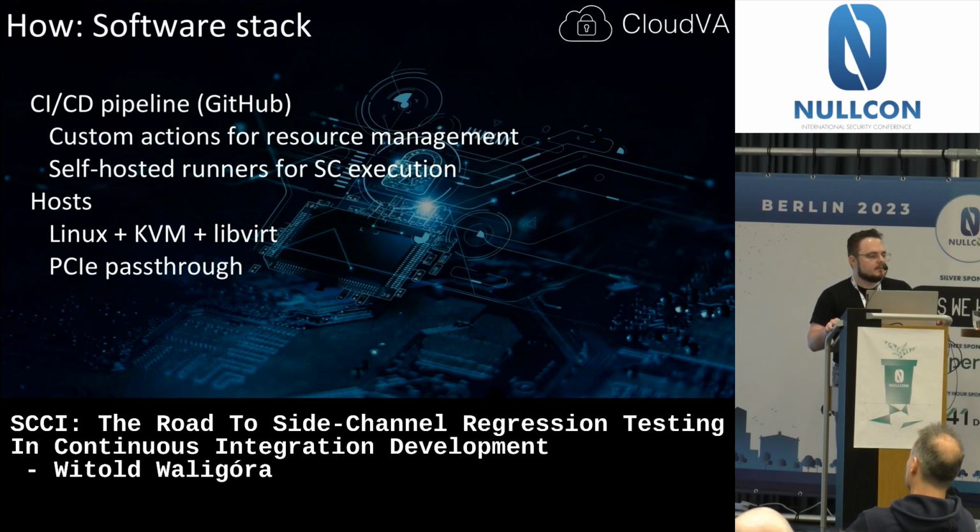We're a public cloud, so you can just try it yourself. What we do is launch a virtual machine for you. So you have a custom action to start a VM with side channel hardware and software. Then on this VM you have a tagged self-hosted runner for execution of the actual test, and then at the end of the pipeline you have a shutdown.